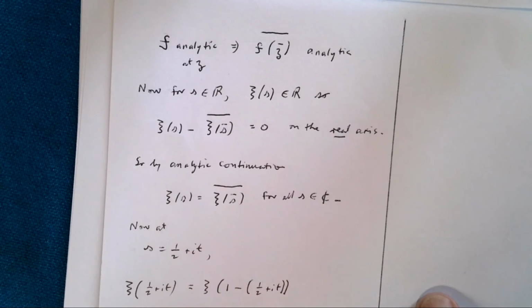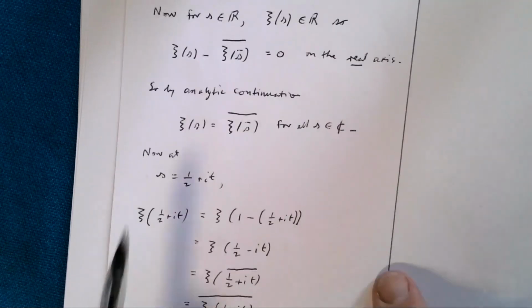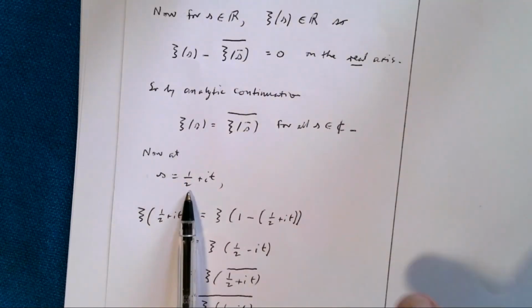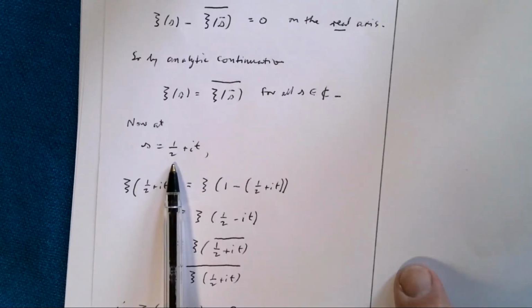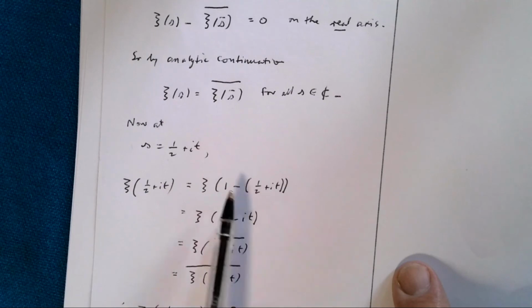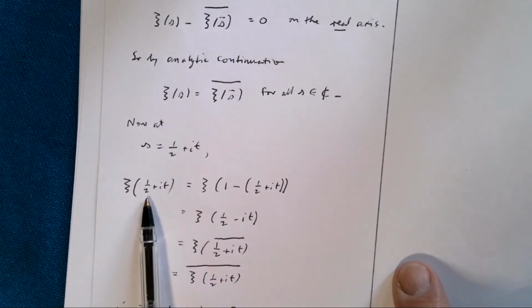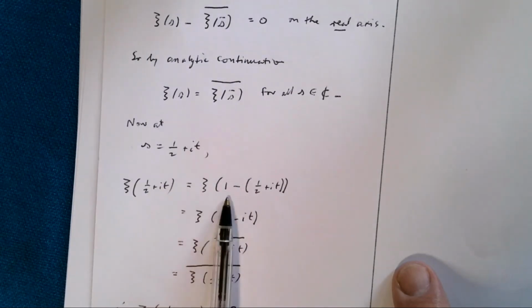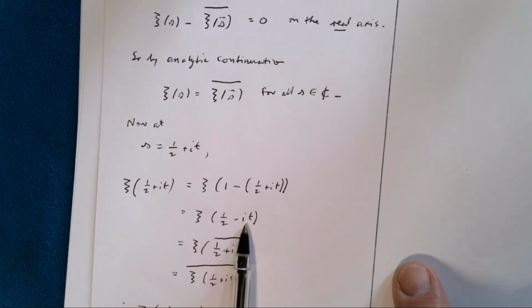In particular, I'm going to put s is a half plus it, this important critical line, and plugging that into the functional equation, we get psi of a half plus it is psi of 1 minus that value, which of course is psi of a half minus it, which is just psi of a half plus it conjugate, and that's then equal to psi of a half plus it all bar.